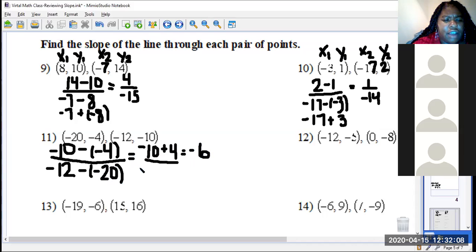And then I have keep, change, and that's 8. And that can be reduced to -3/4.